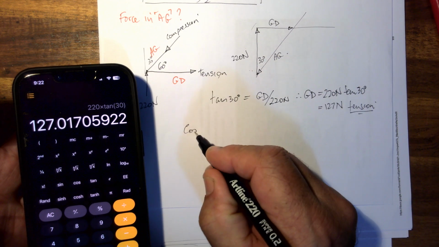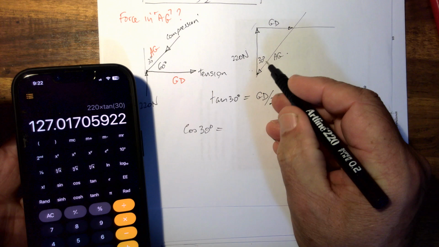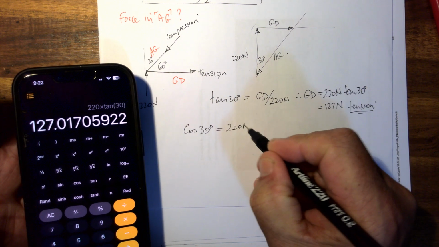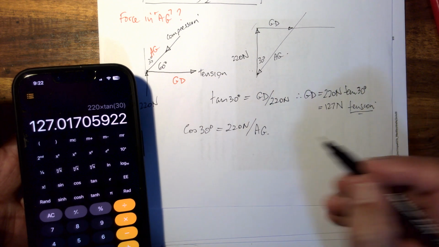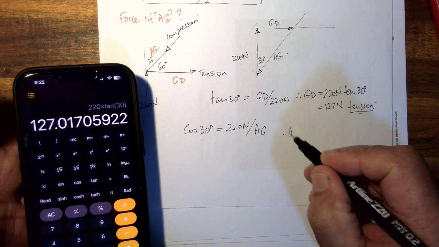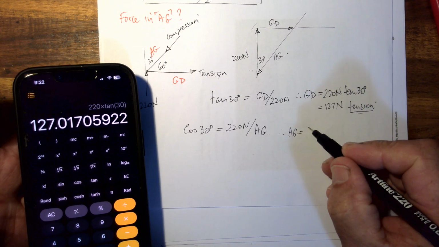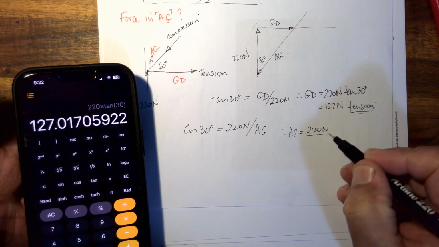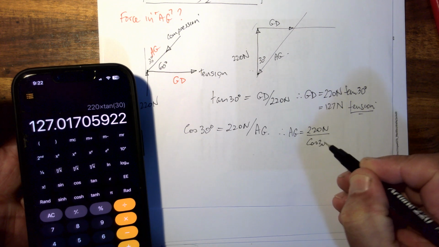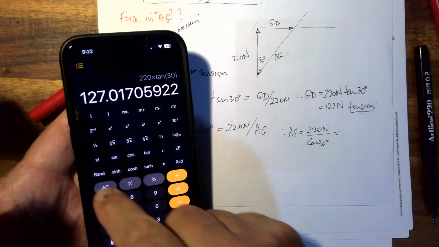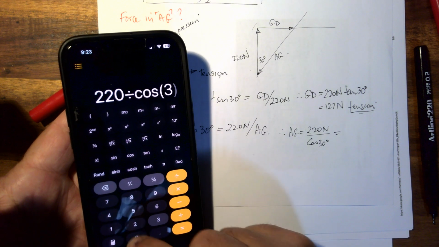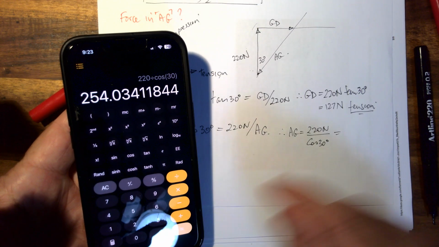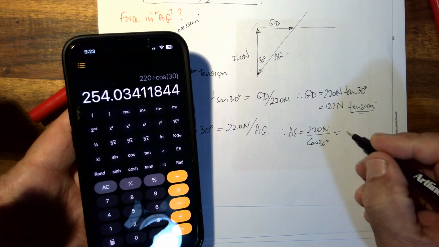So cos of 30 degrees is going to equal 220 newtons, because that's the adjacent, divided by AG, and that means that AG is going to equal 220 newtons divided by cos of 30 degrees. Well, let's figure that one out. 220 divided by cos of 30, 254 newtons.